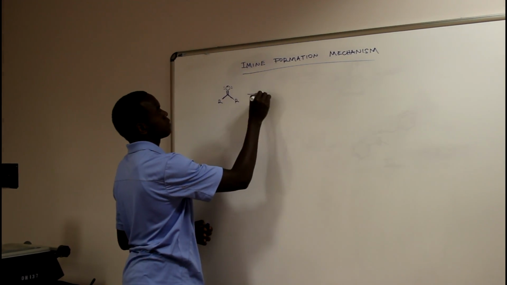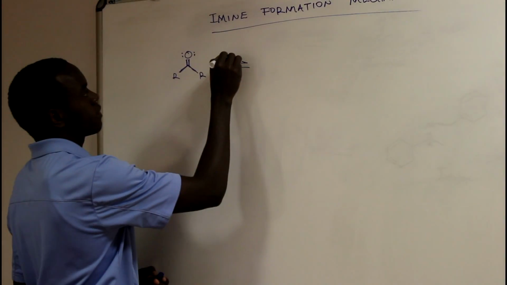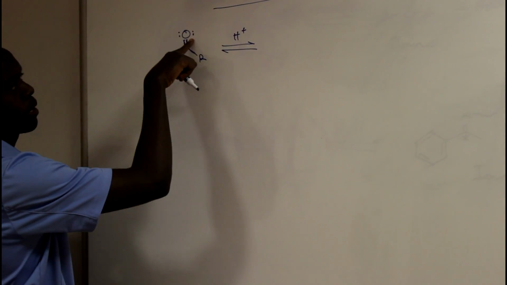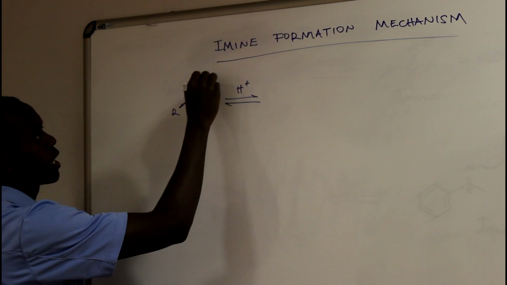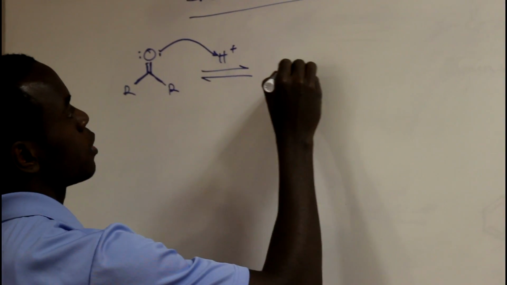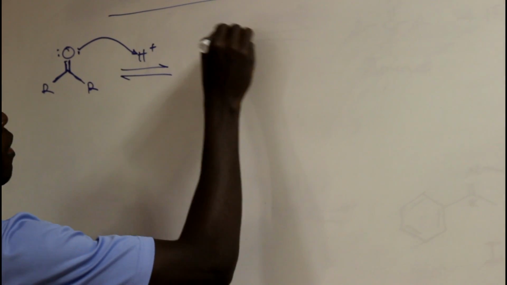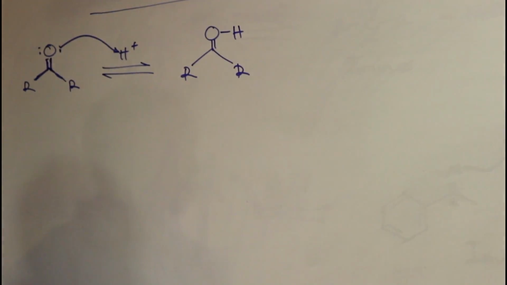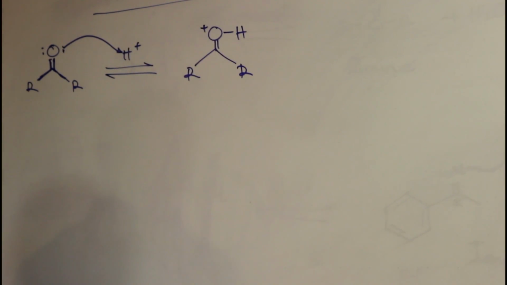In the presence of a catalytic acid, represented by the proton, the lone pairs on the oxygen atom attack that proton. This leads to the formation of this group with a plus charge on the oxygen.